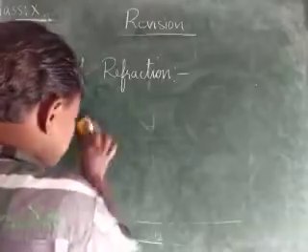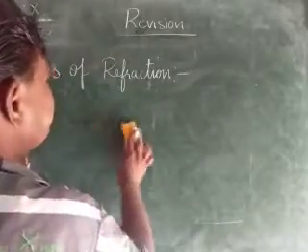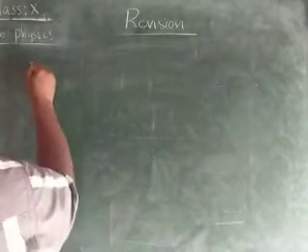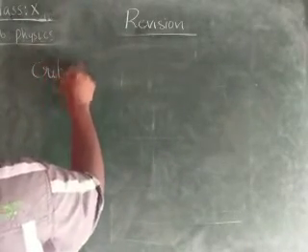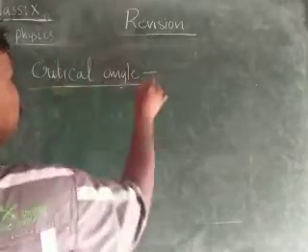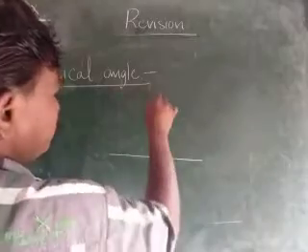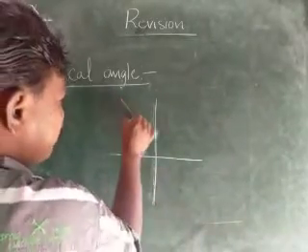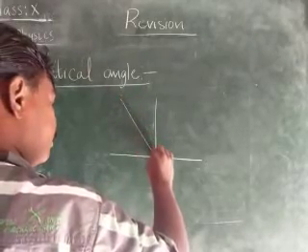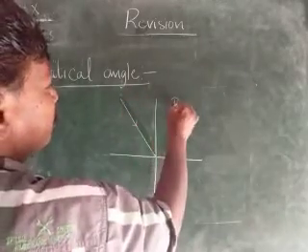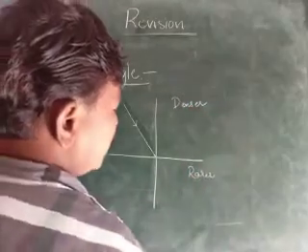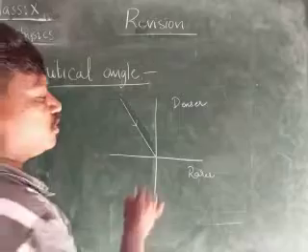Here, when the light ray is traveling from the denser medium to the rarer medium, it is applicable only when the light ray is traveling from denser medium to the rarer medium.